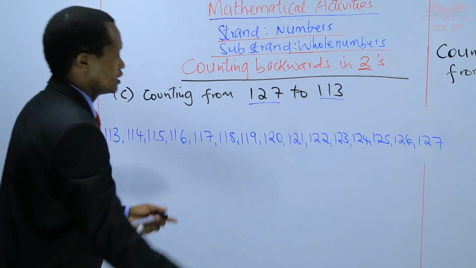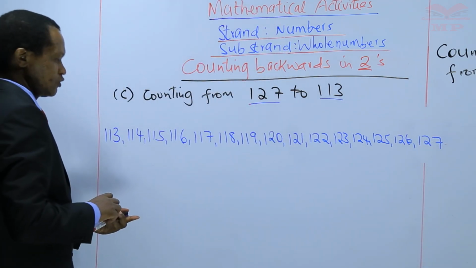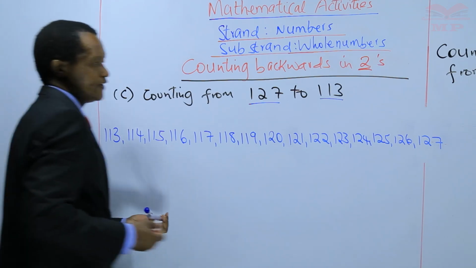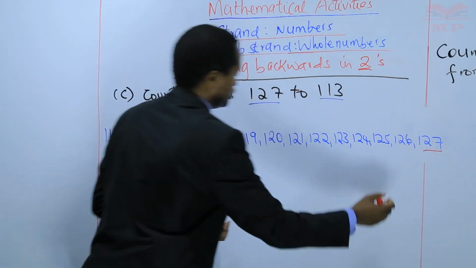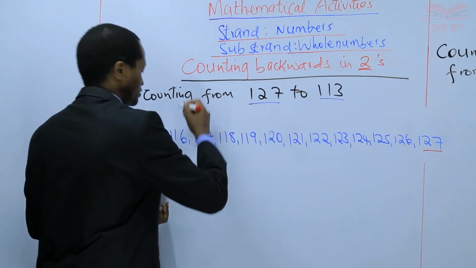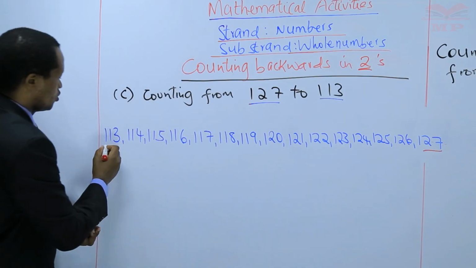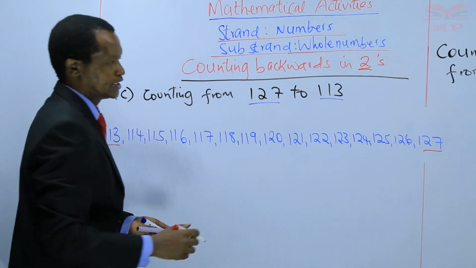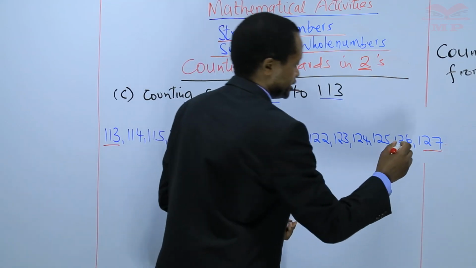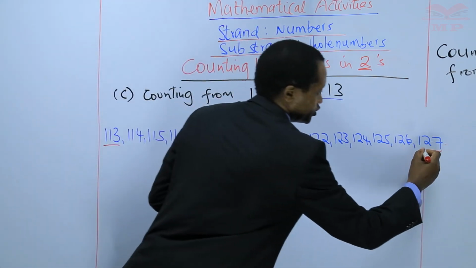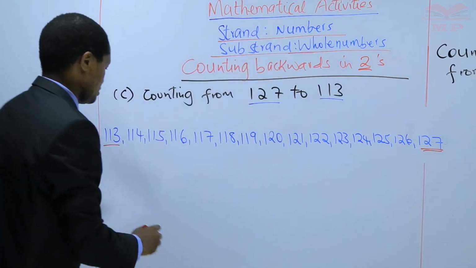You want to count backwards from 127 going back in twos up to 113. So we begin at 127.